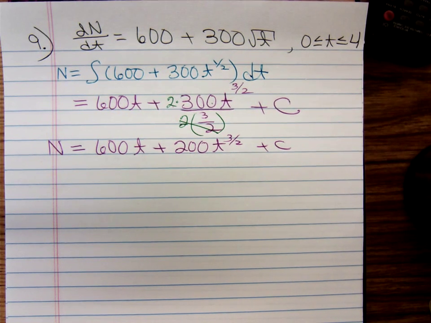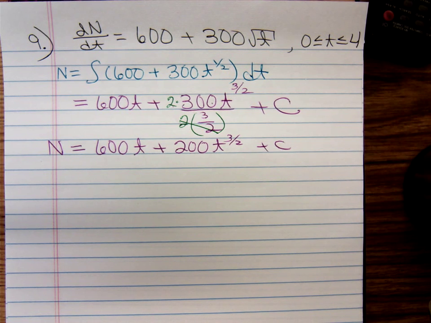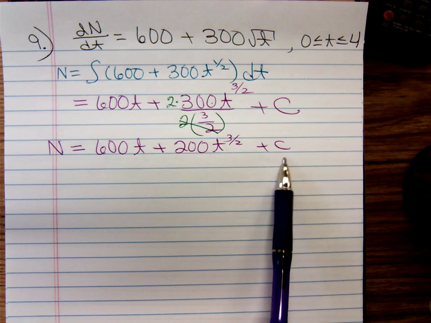And ultimately they want us to determine the population in 4 years, but we can't determine the population just by plugging in a 4, because we still have that C that we don't know.